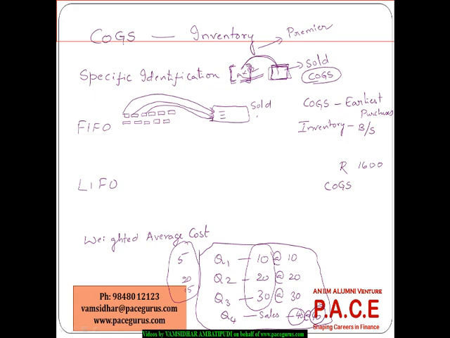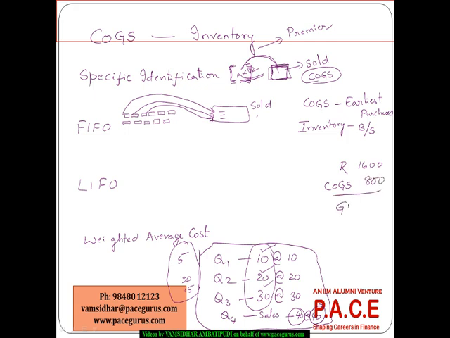I will take the earliest ones: the first 10, the next 20, which is 30, and 10 from here. So that makes up the 40. So 10 at 10, 100 bucks, 20 at 20, 400, and 10 at 30, 300. So overall my cost of goods sold becomes 800.